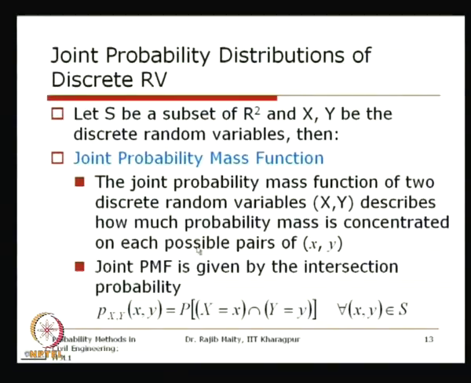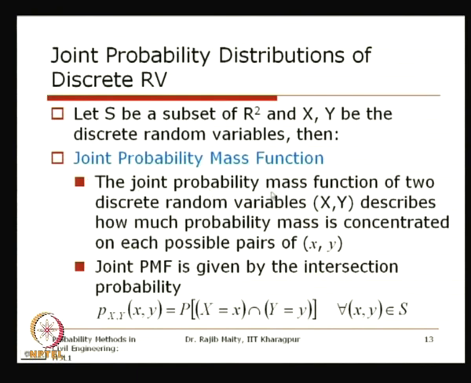So for the discrete case, if R squared is a subset of the xy plane, then it will be a discrete random variable. For a discrete random variable, we generally call it a mass function, so here it is the joint probability mass function, or joint PMF.